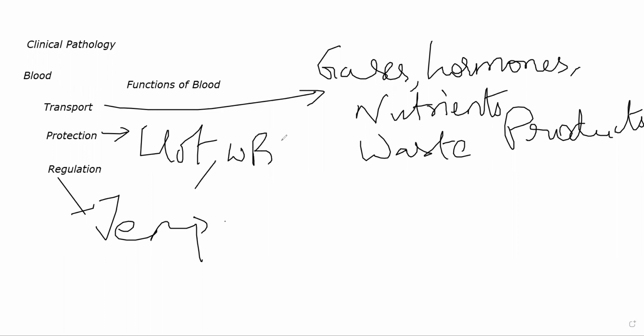WBCs are being carried. Infection, true. It is protecting your body indirectly from infections because of WBCs and neutrophils and all of them that it carries. Something else will happen when that infection happens, something will happen in your blood. What is the immediate reaction of your body as soon as an infective agent or any foreign agent comes into your body?